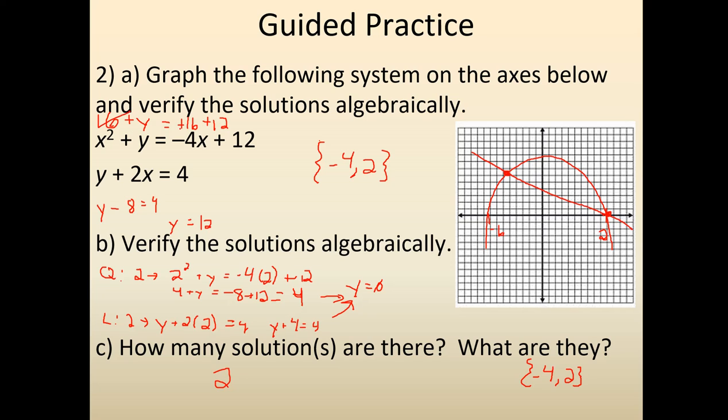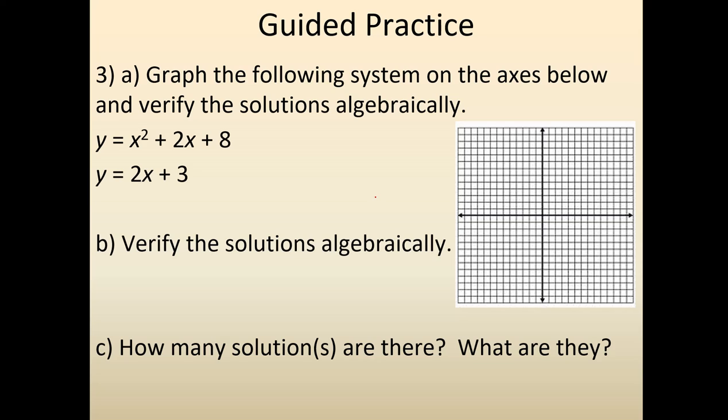Subtract the 16 over and it cancels both sides. We get y equals 12 again. So again, regardless of whether I use 2 or negative 4, I get the same solutions. You could have also solved it the same way I did before, where I set the y's equal to each other, the quadratic and the linear equation, and then just solve like I did in the last unit.